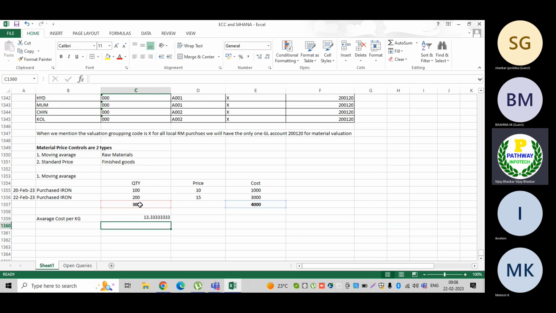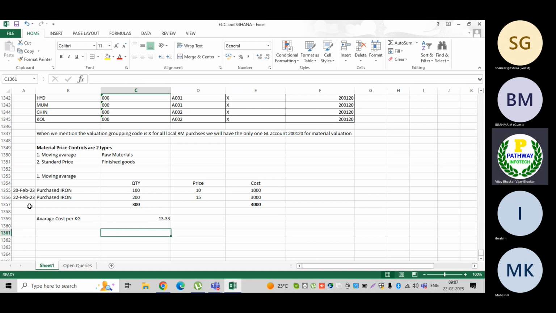On the 20th purchase the price was 10 rupees, and on 22nd February the price was 15. Even though we are calculating the average price here, this is my average price per kg at this moment.